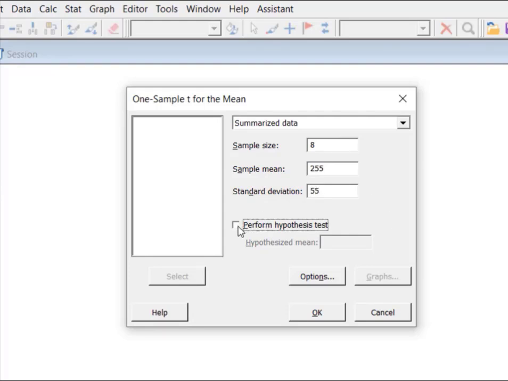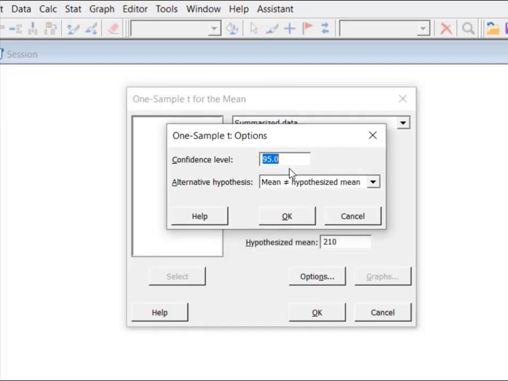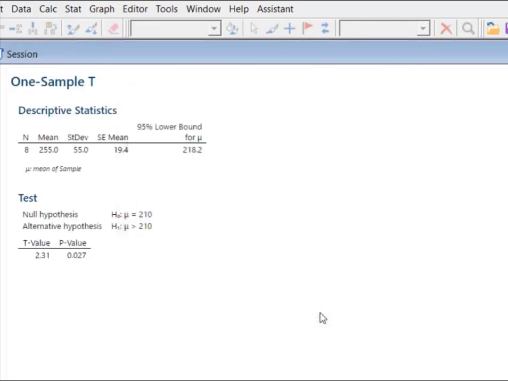We're going to perform a hypothesis test. It's hypothesized or established that the average is 210, and now we're going to go to our options. So we had an alpha of 0.05, which gives us a 95% confidence interval, and our alternative sign in our alternative was greater than. So now that I've got this, I'm going to hit OK twice.